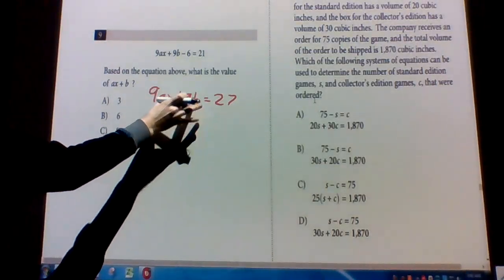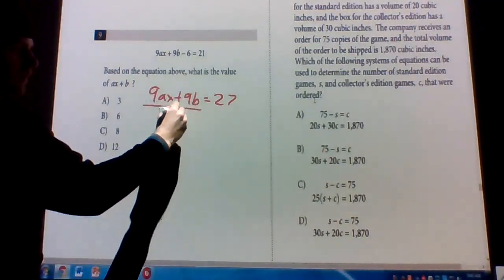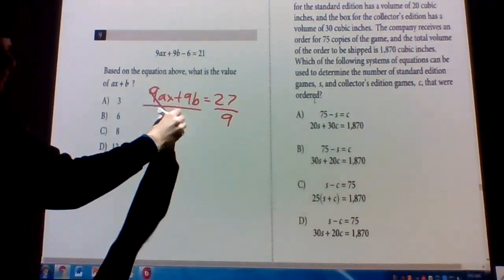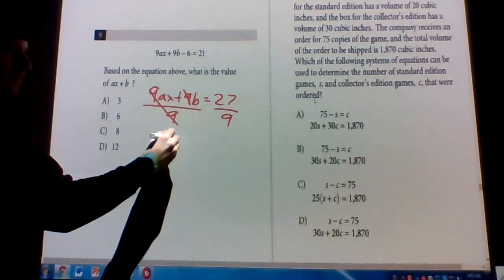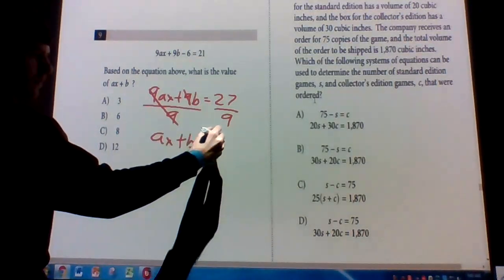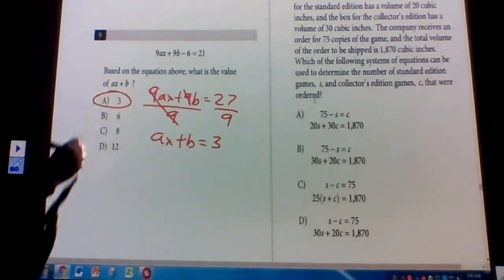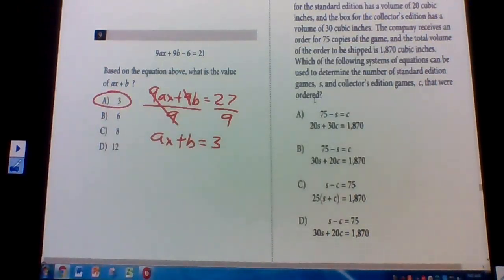And then here's ax and b, we can simply now divide everything by 9. So those cancel, you get ax plus b, and that's going to equal 3. Fairly straightforward there. Add 6 to the other side, divide everything by 9. So number 9 is 3. Which should be A. Absolutely.